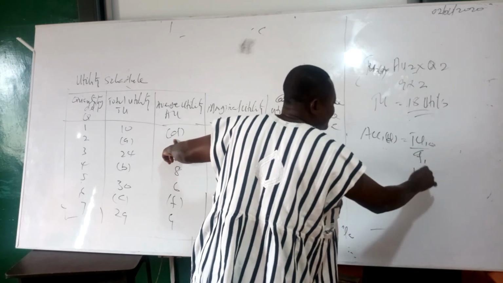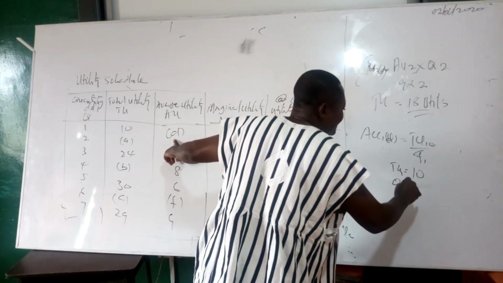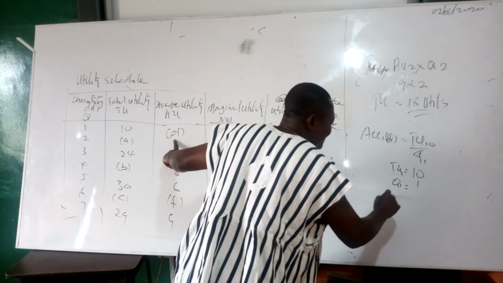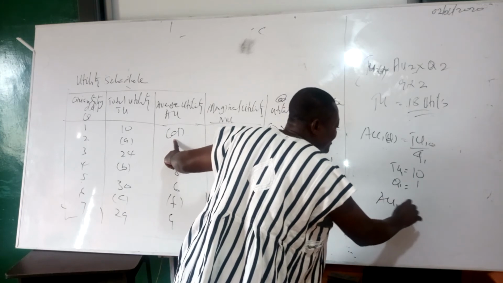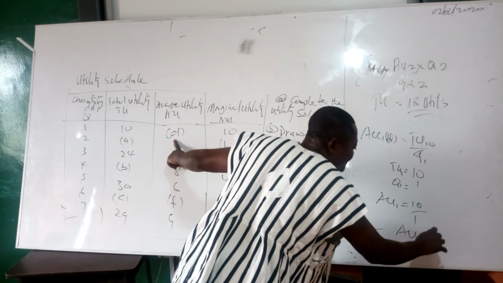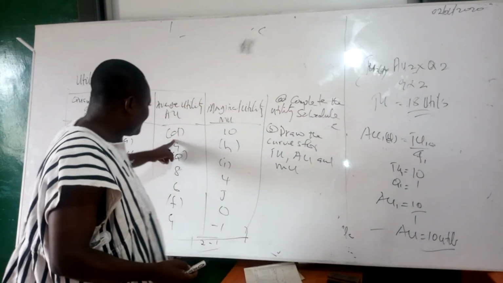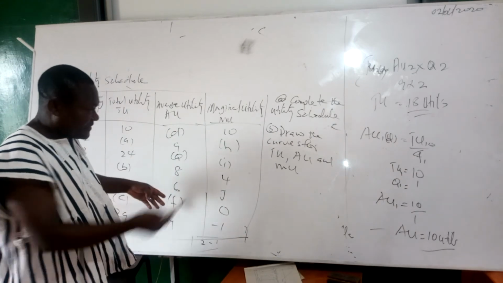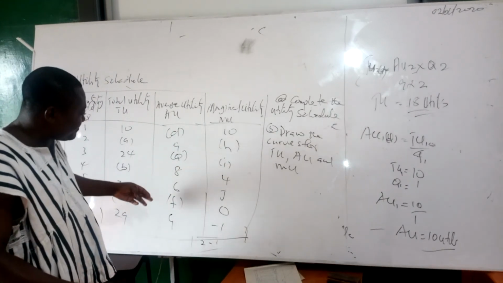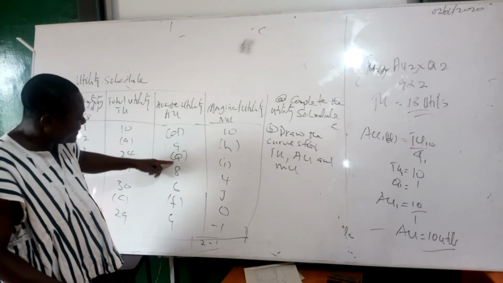Total utility 1 is equal to 10, and Q1 is equal to 1. Therefore, AU1 is equal to 10 over 1, and that will be 10 utils. Just follow the steps to complete F and G.